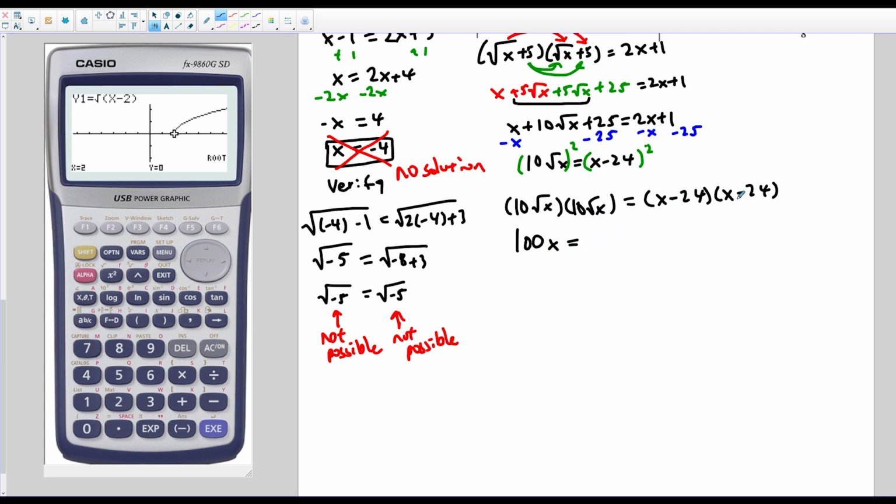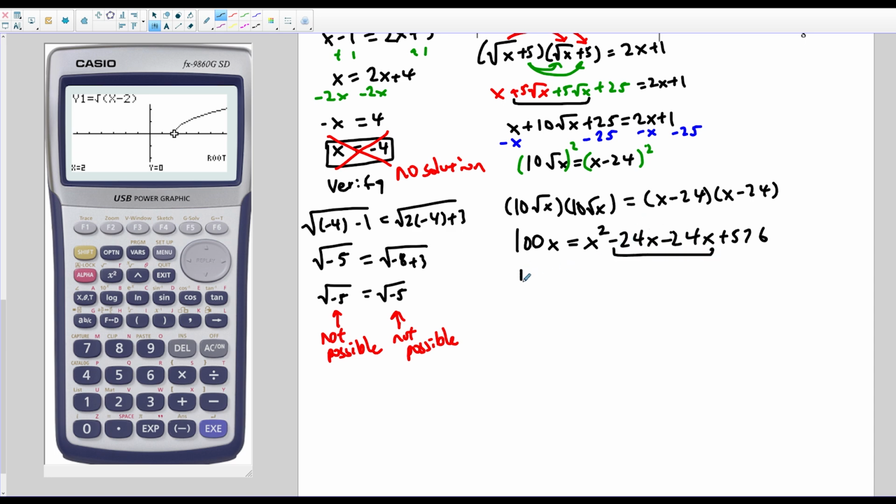On the right-hand side, let's go ahead and multiply x times x gives me x squared. X times negative 24 gives me minus 24x. Negative 24 times x gives me negative 24x. And then negative 24 times negative 24 gives me plus 576.